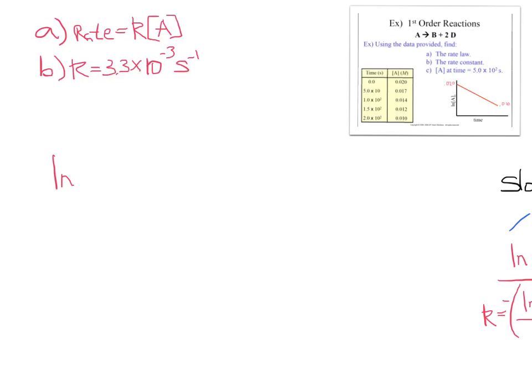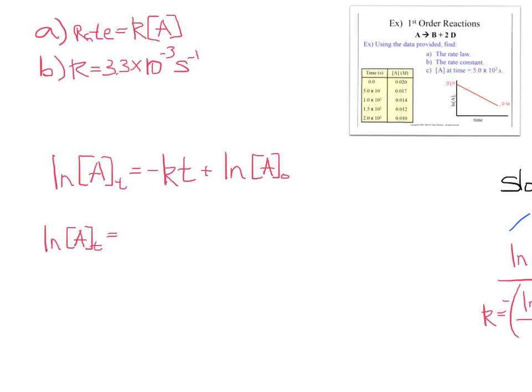So we're going to take the natural log of the concentration of A at time t, and we're going to rearrange it so we solve for that now. And so the natural log of the concentration of A equals the negative k times the time plus the natural log of the initial concentration of A. So when we plug in our numbers, ln [A]t equals negative 3.3 times 10 to the negative third seconds inverse times the time, which is 500 seconds.